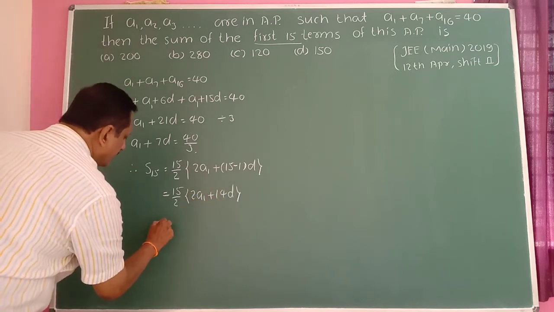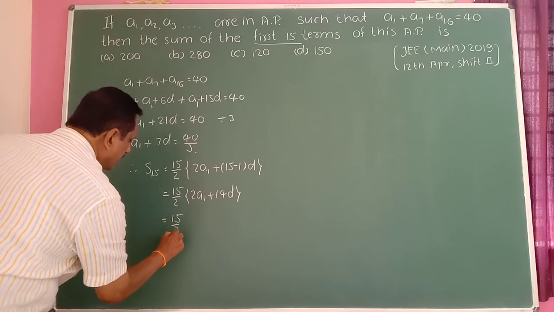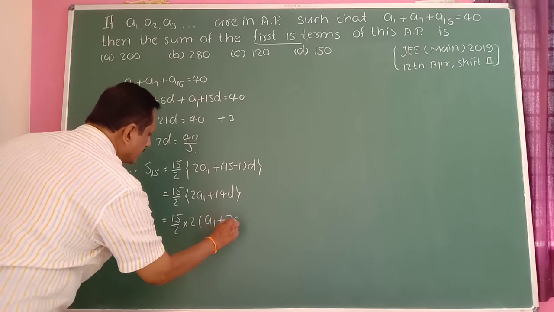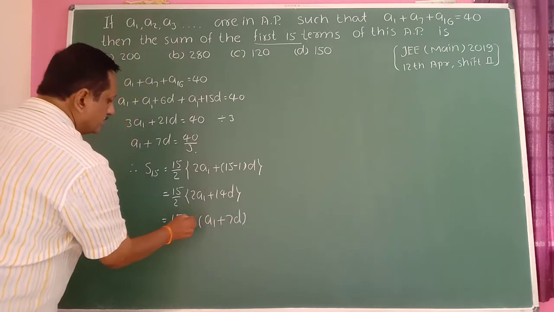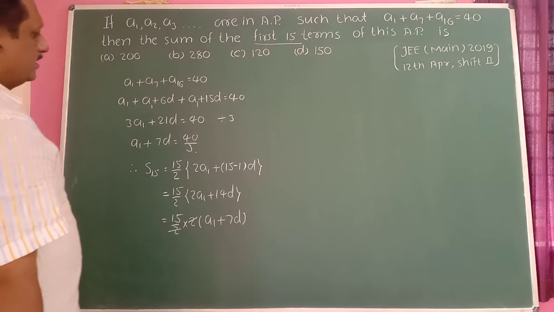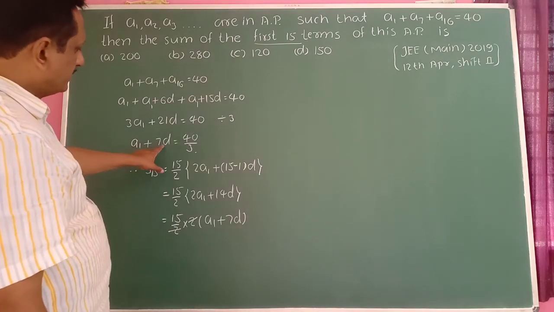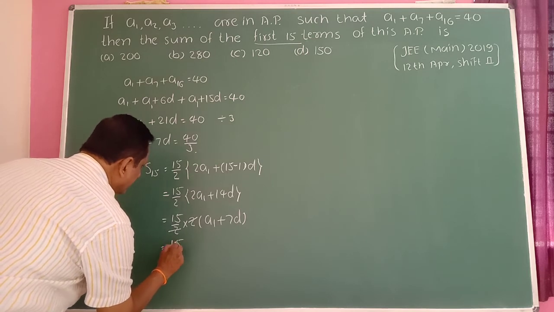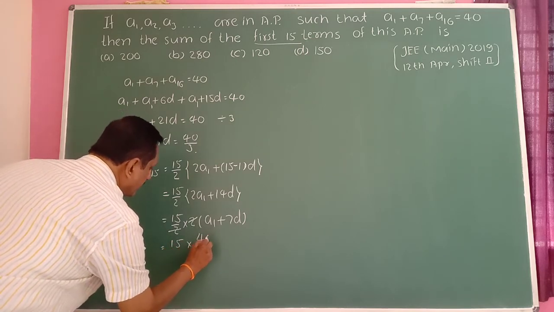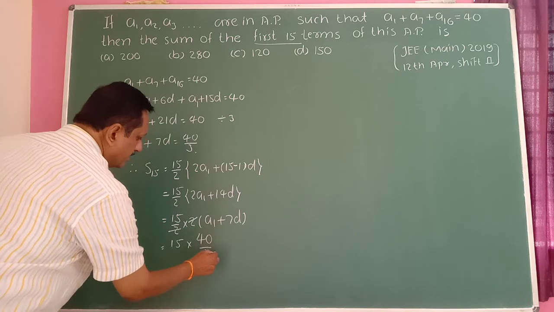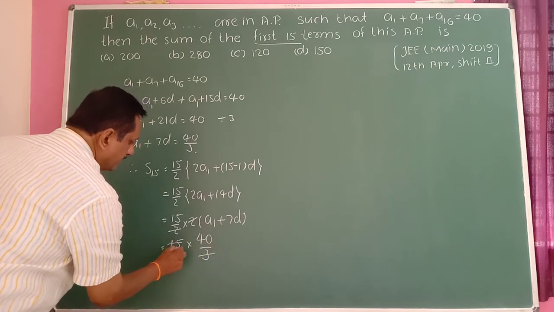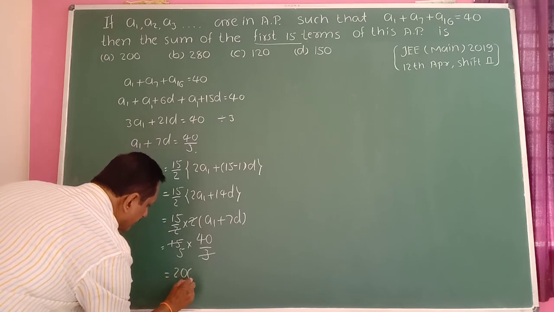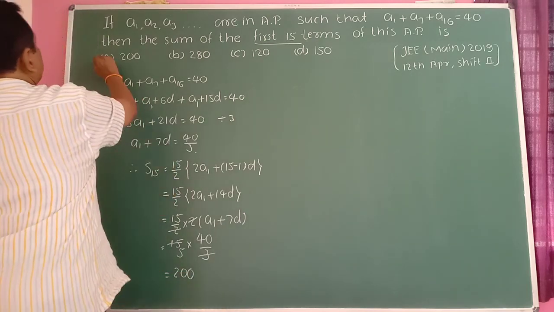Then 2 is a common factor, so 15 divided by 2 into 2 into bracket A1 plus 7D. This 2 cancels. Here A1 plus 7D is given, so this equals 15 into 40 divided by 3. Therefore, 3 fives are 15, so 5 into 40 becomes 200. Therefore, 200 is the answer, the first option.